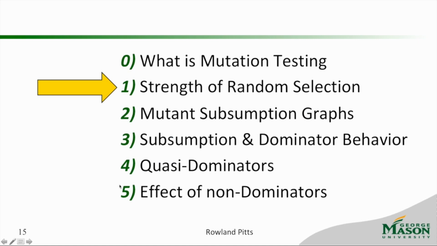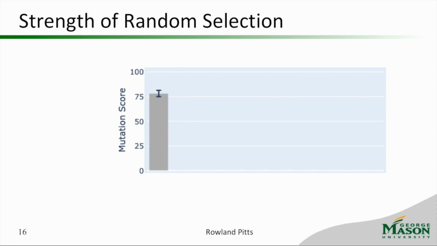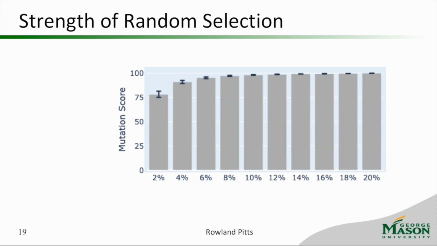All right, let's talk about the strength of random selection. Back to the notion of mutation score, we can sample the mutation score early on. Let's say on the x-axis we've got the number of mutants that the tester has evaluated, in this case 2% of the total.